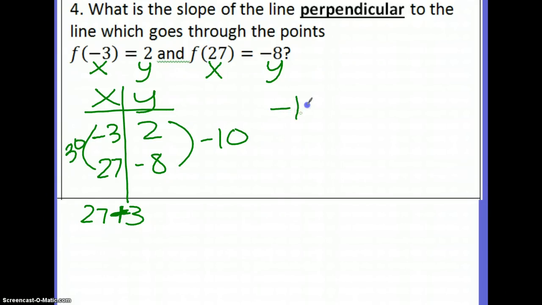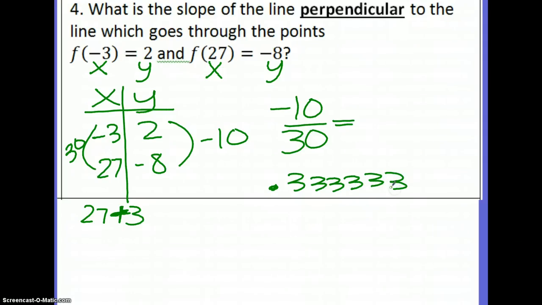Rise over run, negative 10 over 30. If you divide those out on the calculator, it says 0.33333333. If it says that, you know if you hit the math button and enter, it's going to change it back to a fraction for you. So this is going to be negative 1/3. That's the slope that goes through those points.